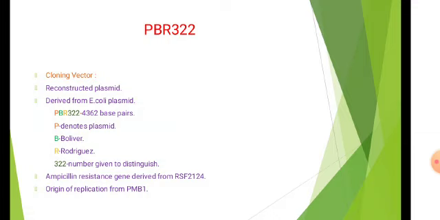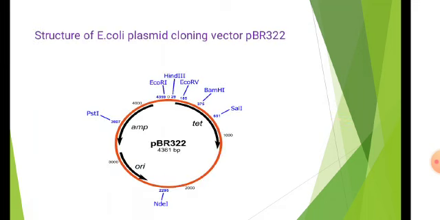The letters pBR322 represent: p means plasmid, B means Bolivar, R means Rodriguez, and 322 is the number developed in the laboratory. These plasmids are shown in the diagram. The structure of E.